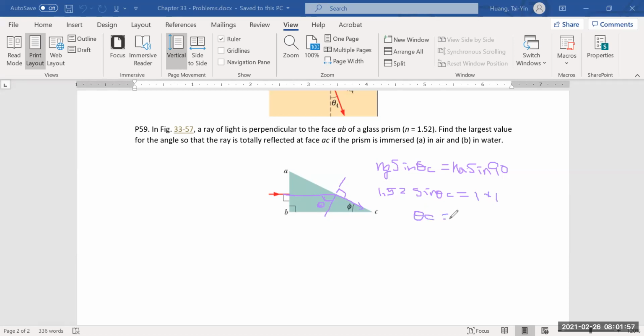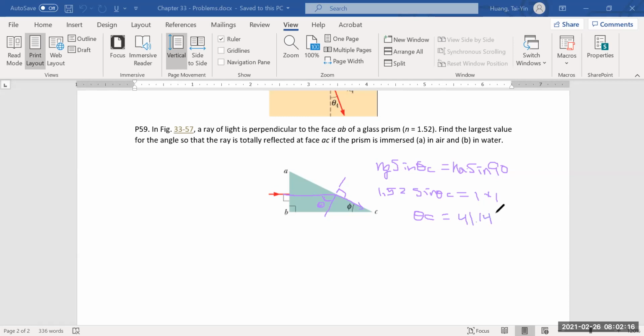So in this case, you will calculate theta c to be 41.14 degrees.